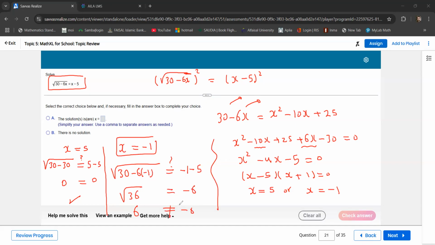So this is not equal because the left-hand side is 6 and the right-hand side is negative 6. So we say that negative 1 is refused, or you say rejected, or you say it's an extraneous solution. Means the only solution is x equal to 5. So in the solution set, you just write 5.